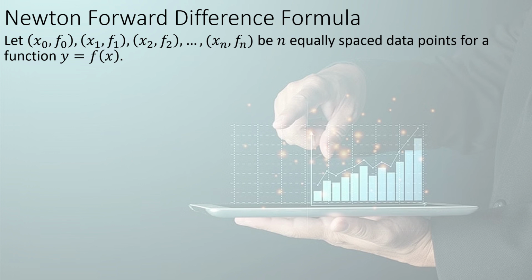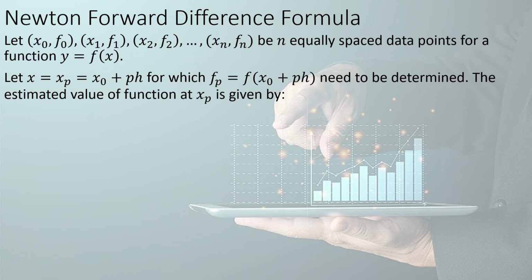These are n plus 1 equally spaced data points, because we are starting from x naught and going up to n, so there are n plus 1 equally spaced data points for the given function f of x. And we want to find the value of this function f of x at a point x, which may be labeled as xp, or we can call that x naught plus ph.